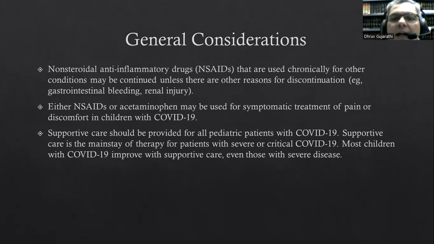Or if the child has any renal disorder, a renal parenchymal disease or end stage renal disease, or is also on other nephrotoxic drugs, he should not be given any NSAID. The safest NSAID is the weak NSAID paracetamol, or acetaminophen. It should be used as symptomatic treatment for pain, discomfort, and temperature in children. It has been recorded to be the safest NSAID in patients of COVID.